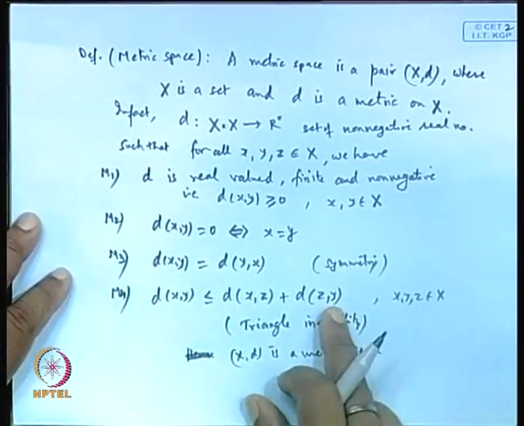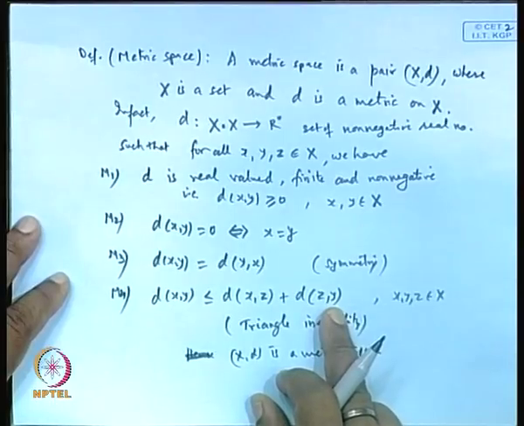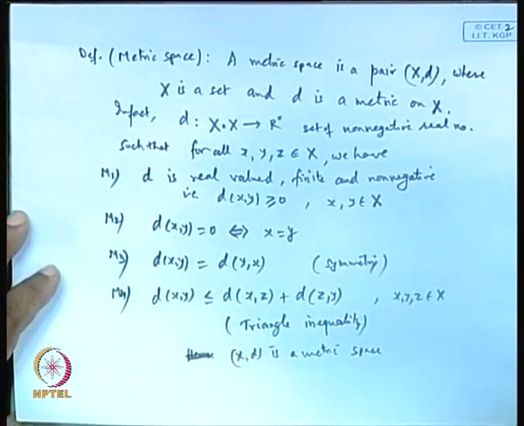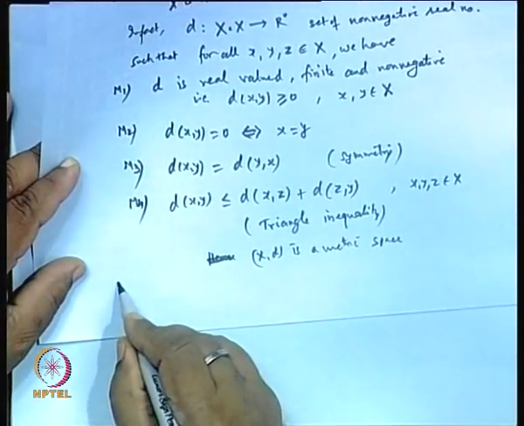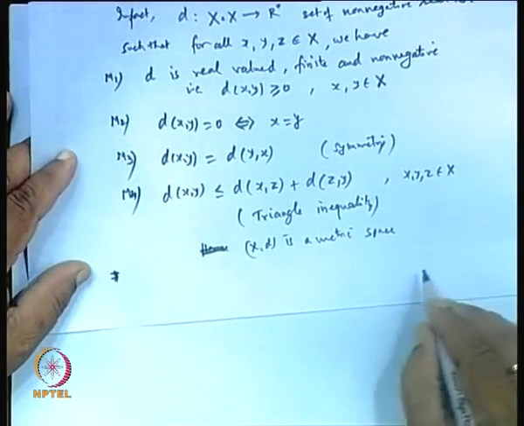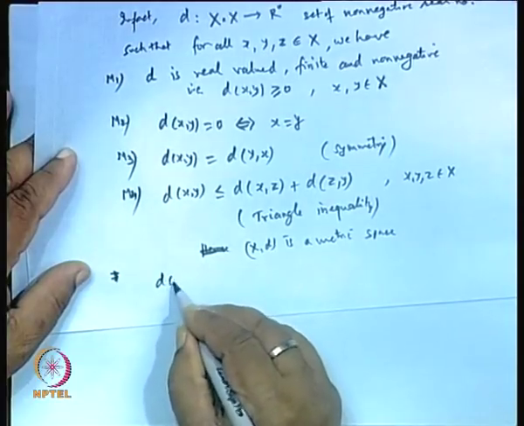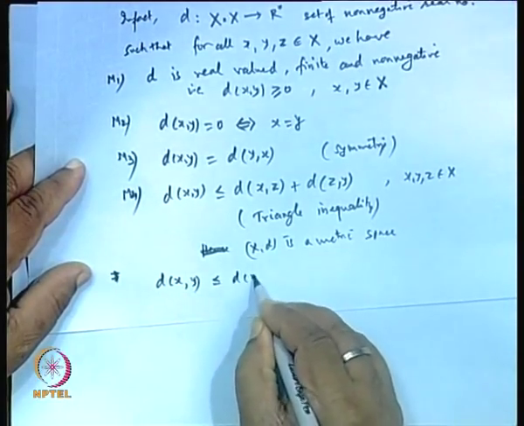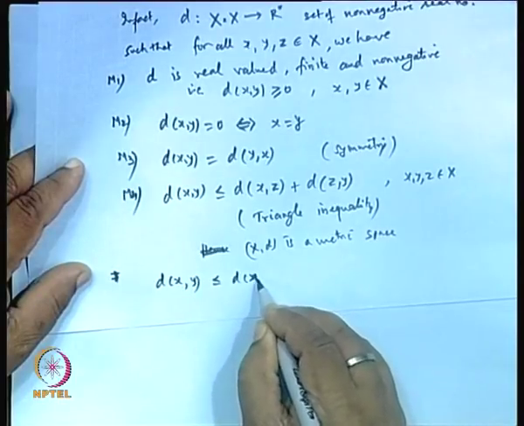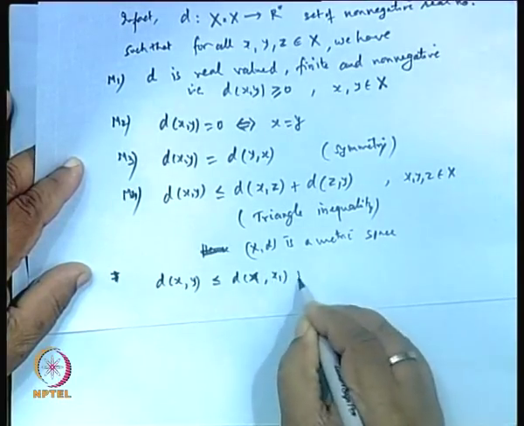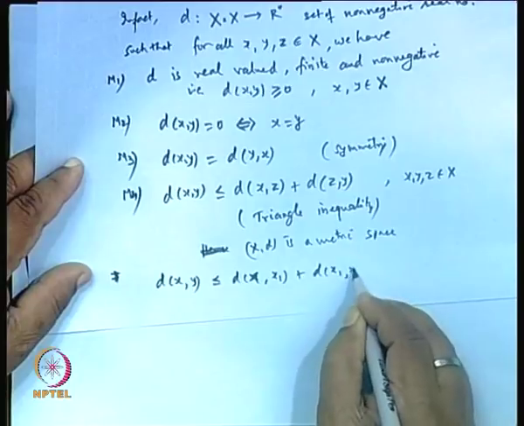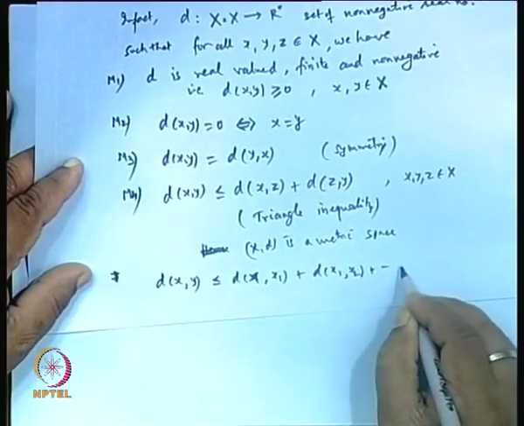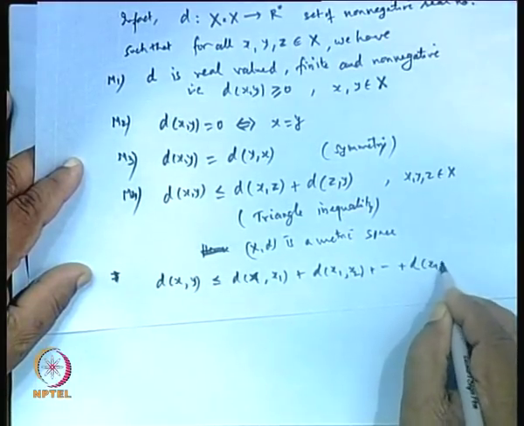Now, this triangular inequality which we have mentioned can be generalized to n points also. Suppose we have x1, x2, up to xn many points, and we want to find d(x, y), then this can be written as d(x, x1) plus d(x1, x2) and so on, up to d(xn, y).